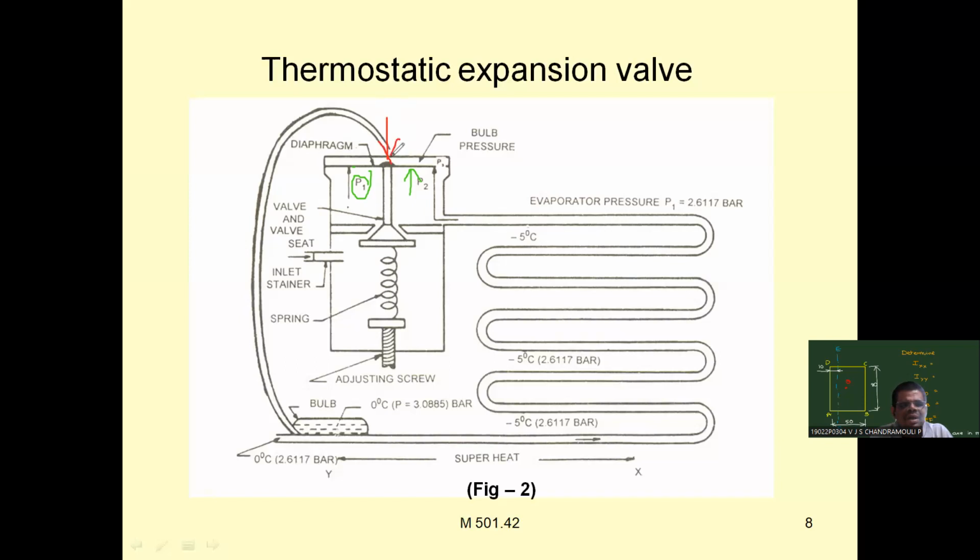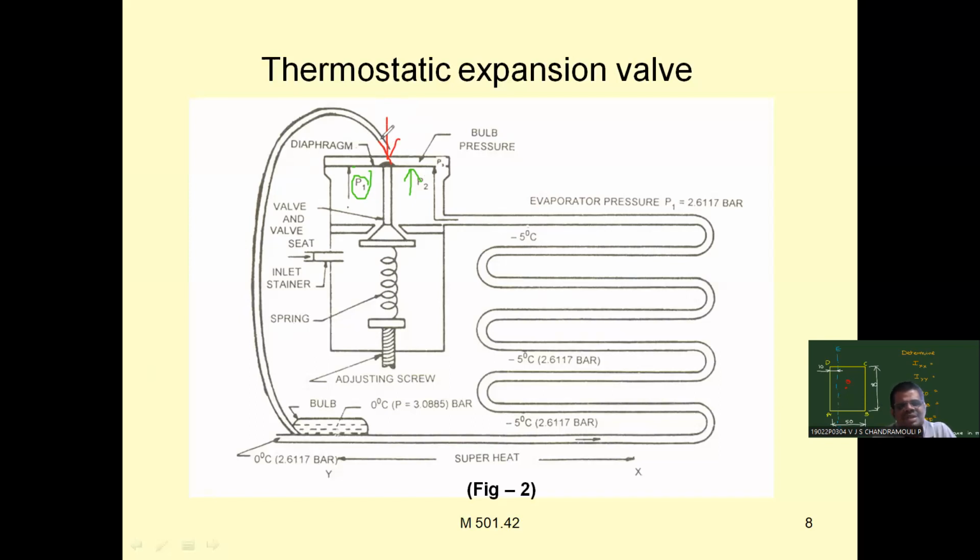Now if the pressure from the top equals the sum of the pressures from the bottom, then the position of the diaphragm will be like this. This is called normal load. But when the load is increased, what happens? This upward pressure increases.